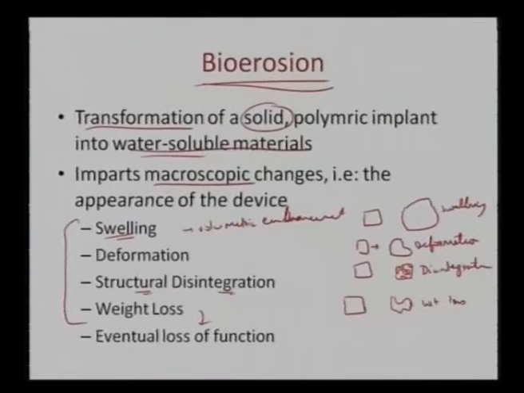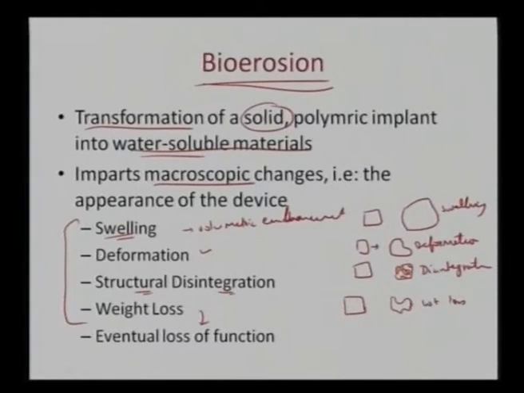So bioerosion can elicit effects macroscopically. The overall appearance can change by swelling, the polymer can deform, there can be structural disintegration where the overall structure changes, and the weight can also be reduced because of its dissolution in the particular environment, and that leads to eventual loss of function.